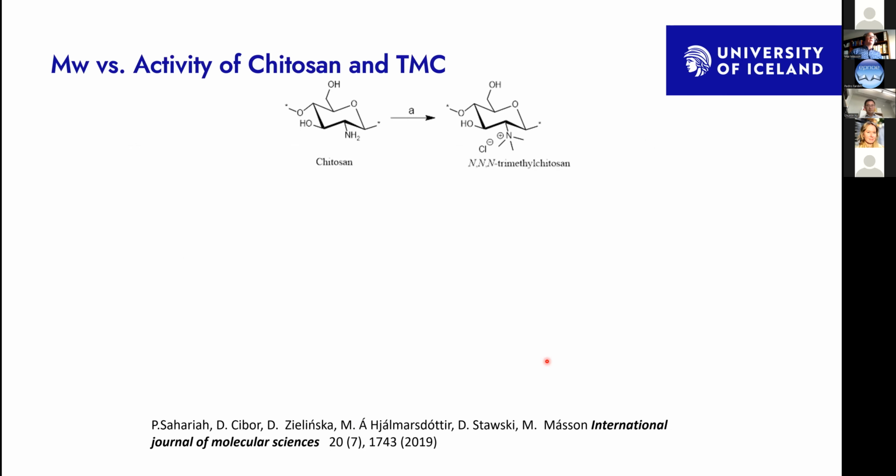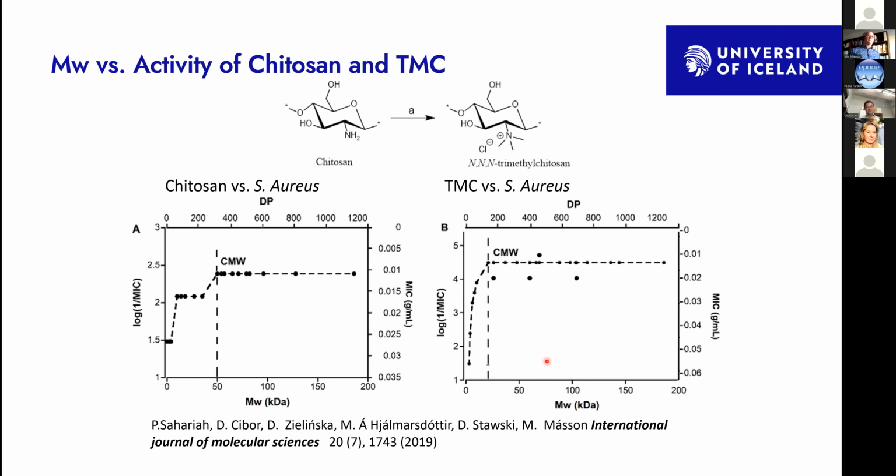Finally, yes, the time is going faster than I hoped. Is the molecular weight versus activity of chitosan. This has been much studied, but we reported this study here in 2019, where we studied many different derivatives.